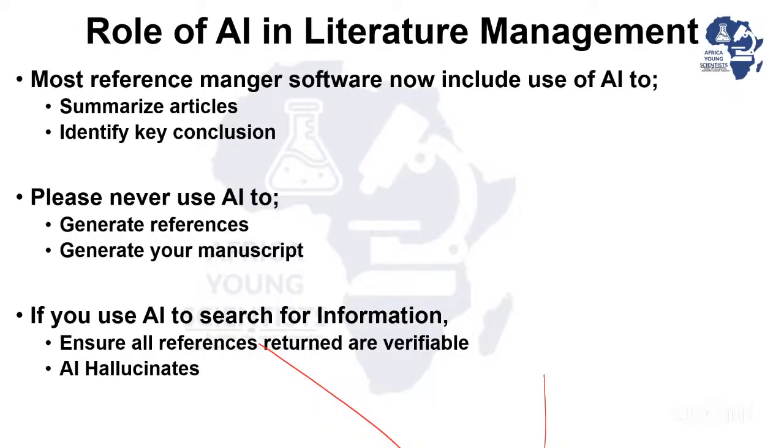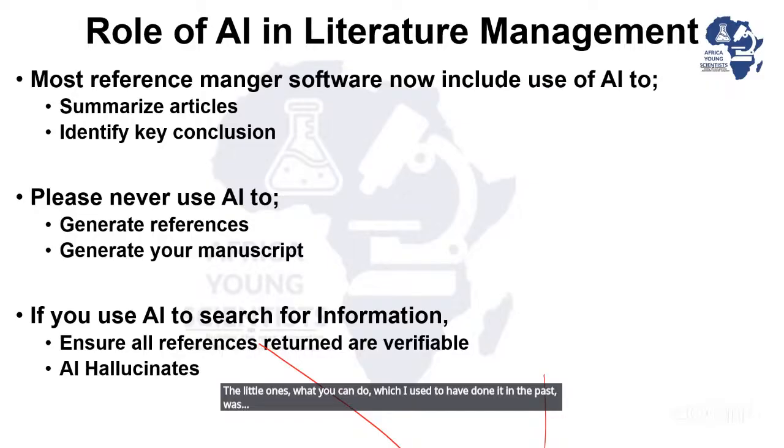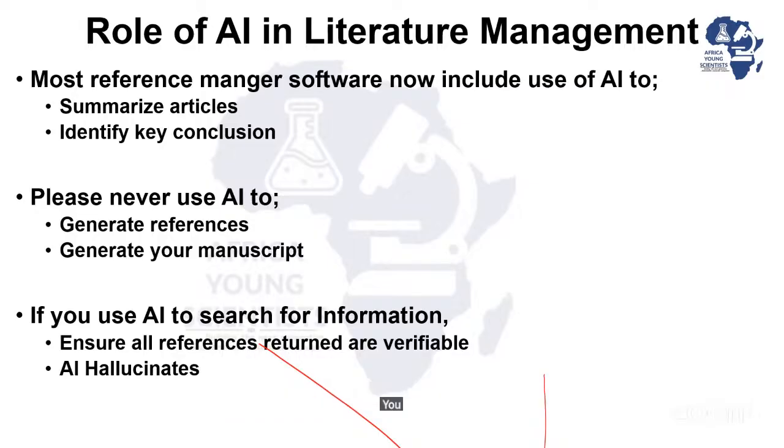What you can do, which I have done in the past, is take the statement of facts that AI gave you that you need references for, and put it on Google. If you put that statement on Google, most of the time it will return either articles that make the statement or articles in which that statement is made.